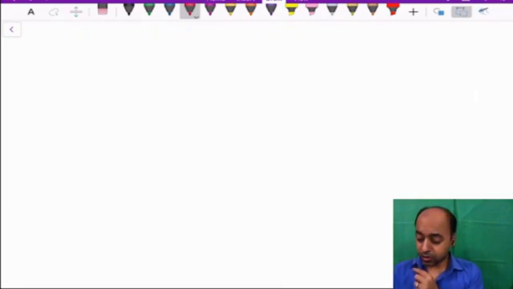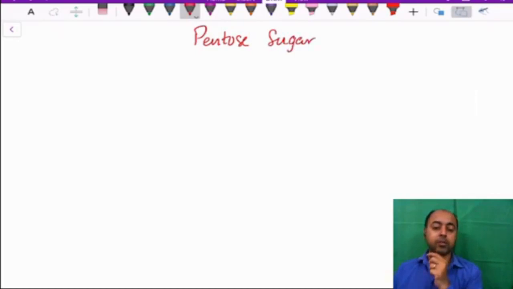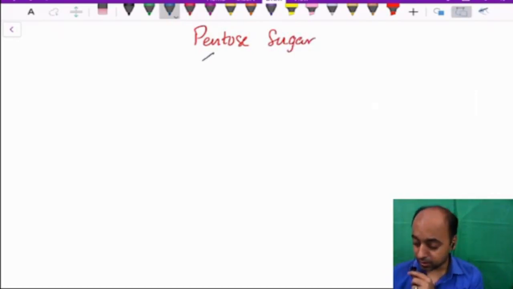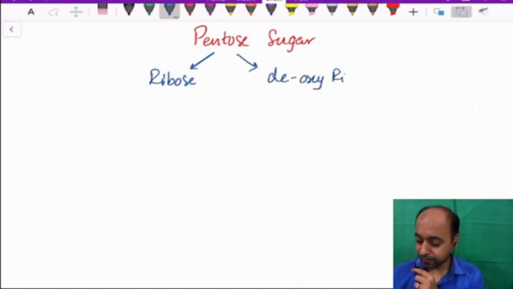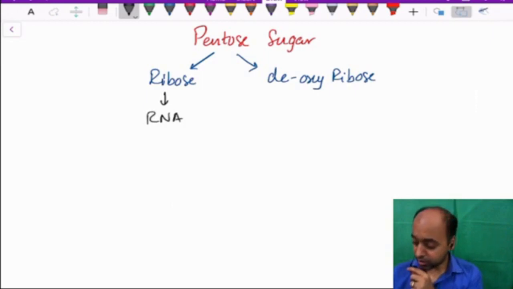Coming to the pentose sugar. The pentose sugar can either be a ribose or it can be the deoxyribose. As you already know, the ribose will be found in the RNA, and the deoxyribose will be found in the DNA.